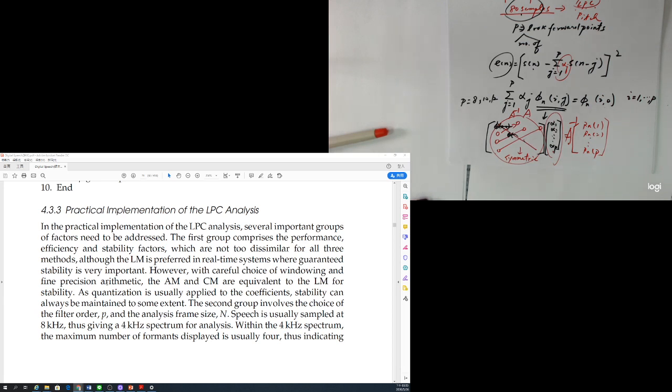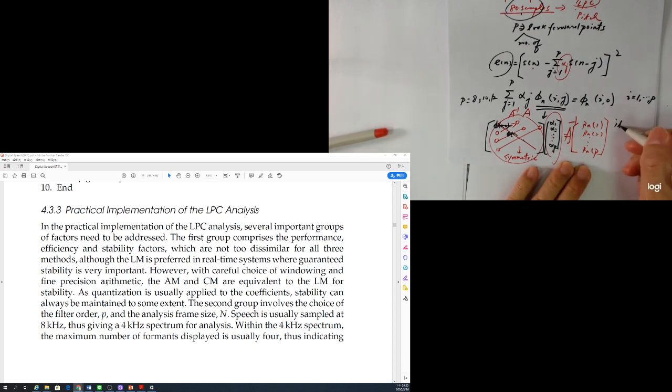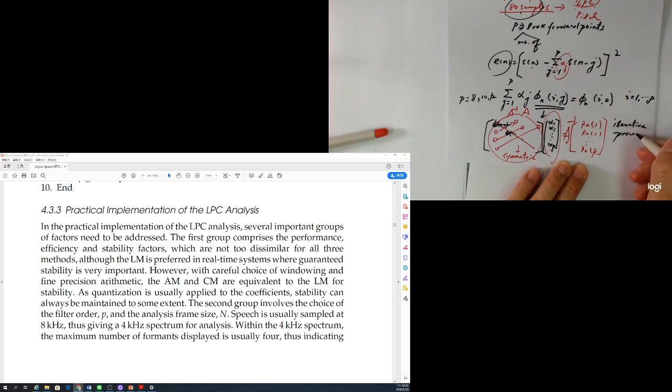The other one is the covariance method, and the lattice method. The autocorrelation and covariance methods focus on coming out with the inverse matrix using an iterative procedure to come out with the result. And then the other one they call the lattice method. In the lattice method, they focus on combining the two methods.